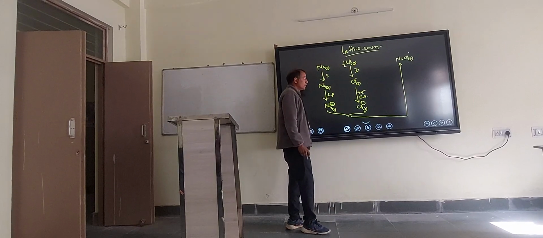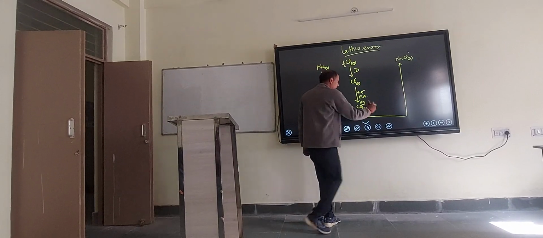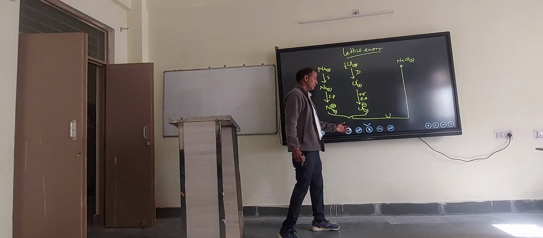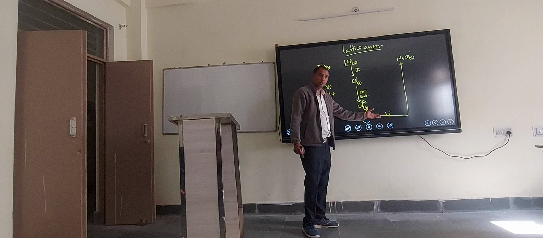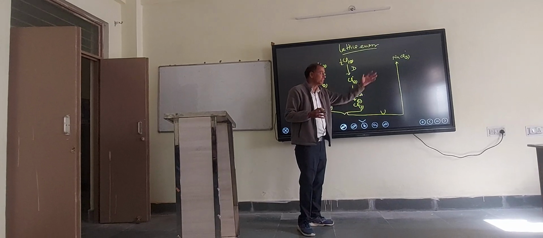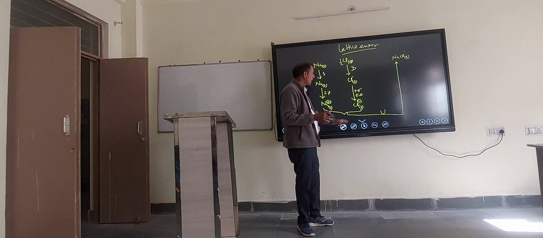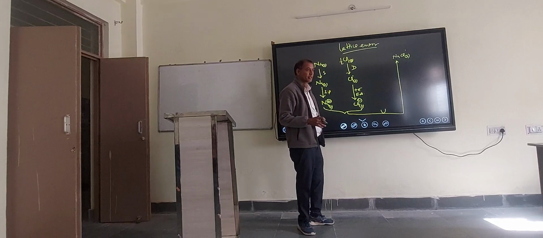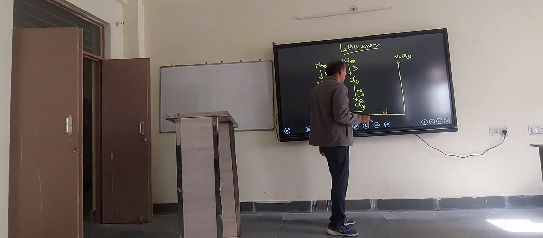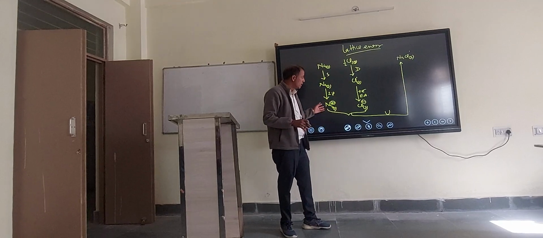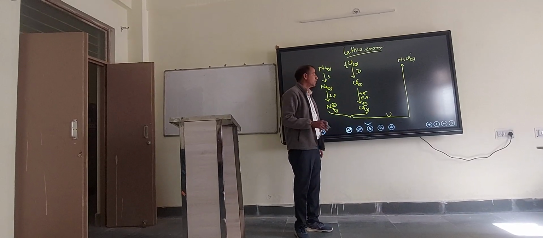That is called energy released or required. Obviously, here energy is released whenever one mole of ionic solid is formed from its componental ions. The energy released is called lattice energy, always negative because energy is released here.